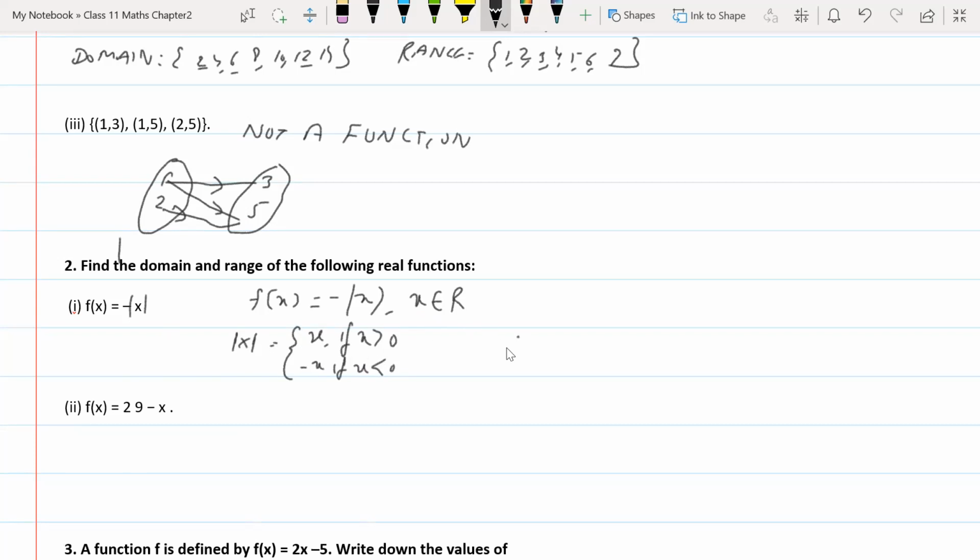Therefore, f(x) is minus modulus x, equal to minus x if x is greater than 0, because that is the reverse, and x if x is less than 0.